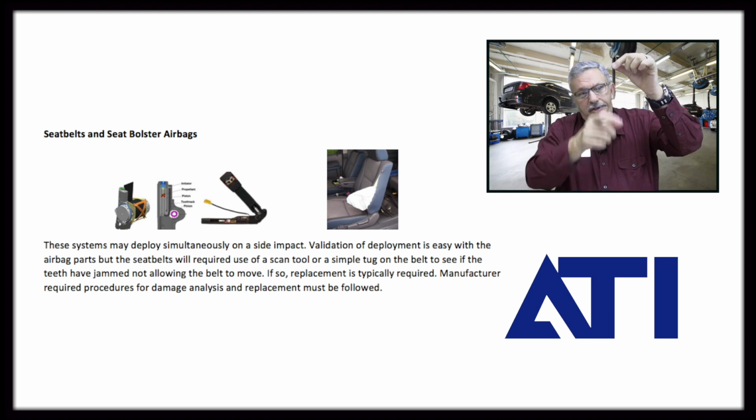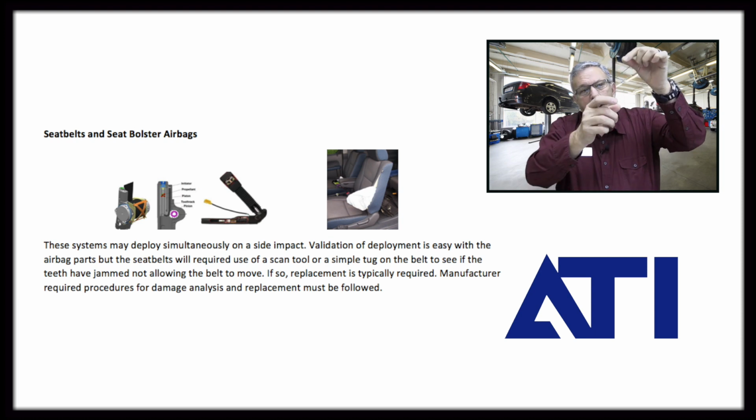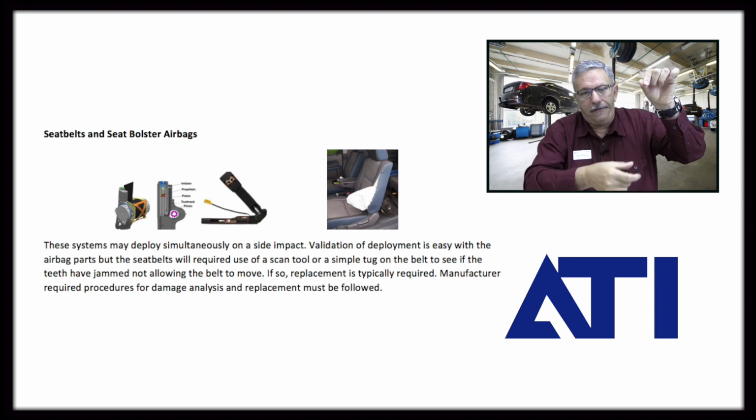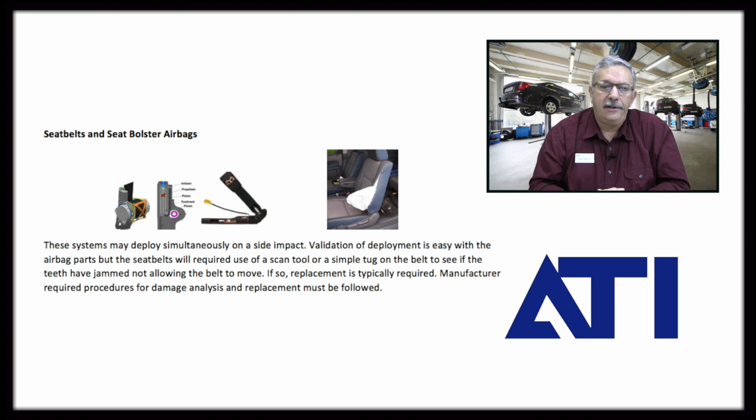If the seatbelt goes straight up and down when I'm holding it, just dangling it with its own weight, that means the seatbelt's good. If I hold it and it's on an angle, so I get a little bit of a curve in it, looking more like a banana, that seatbelt has been stretched to the point where the fabric will not stretch again, and that can actually hurt the occupant. So we would want to change that seatbelt.